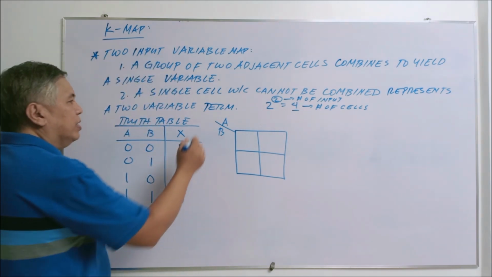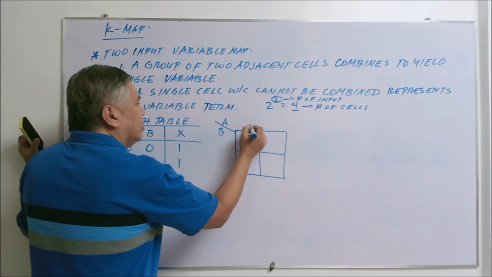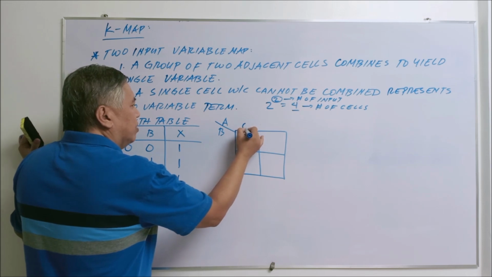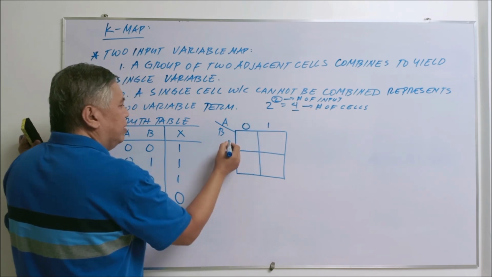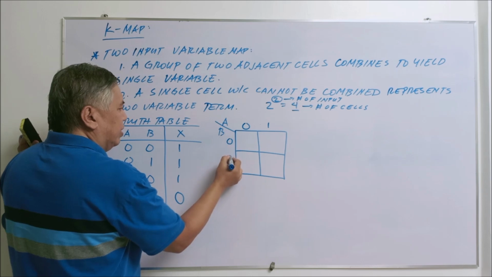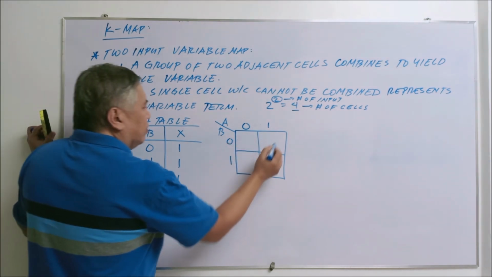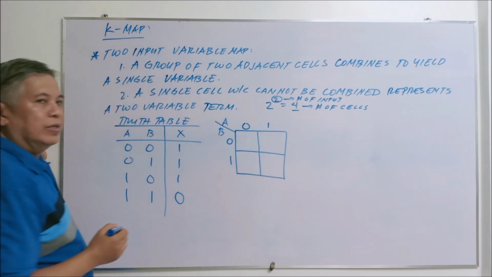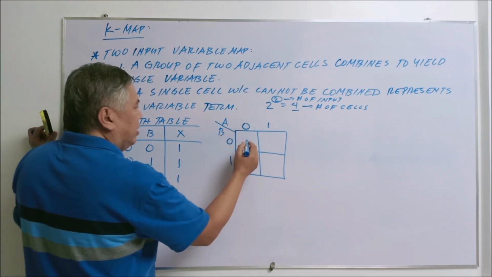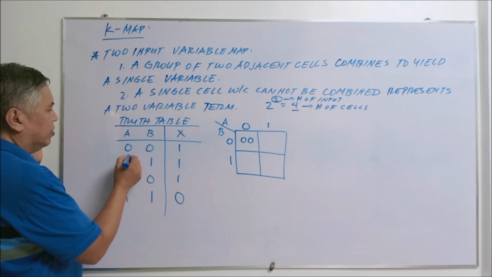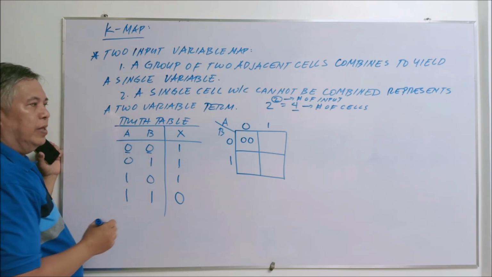Okay? So what are the values of A and B? For A, there are 2 possible combinations, 0 and 1. For B also, you have 0 and 1. So these are what we call cells. The value of this cell here is A is 0 and B is 0, which is actually this one here.